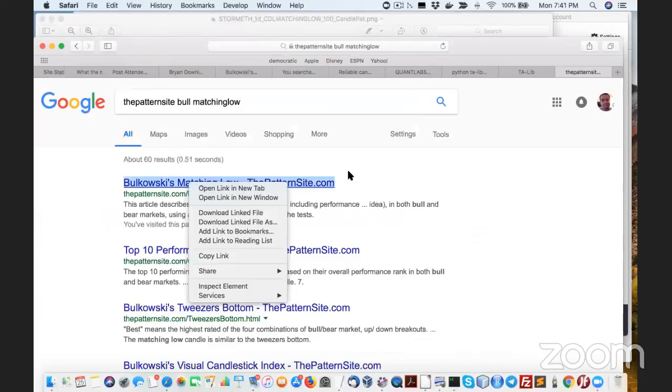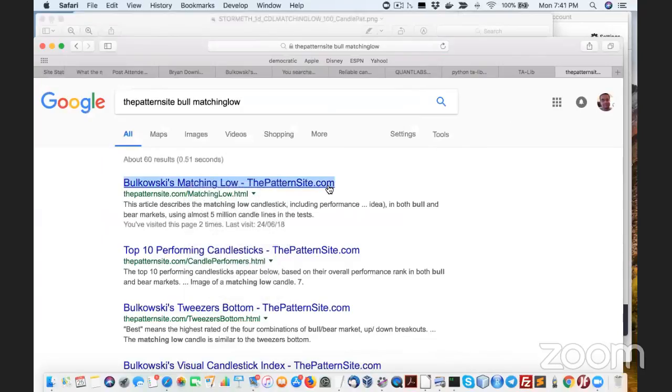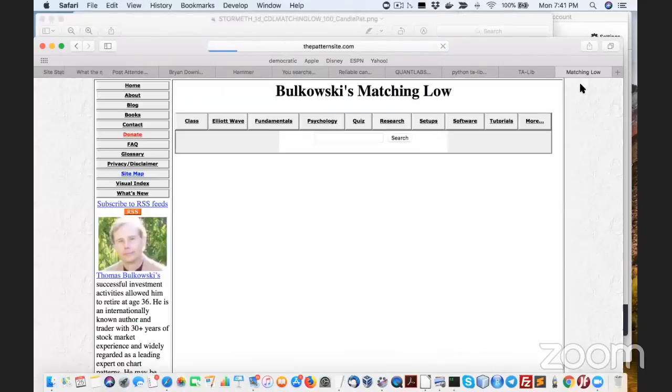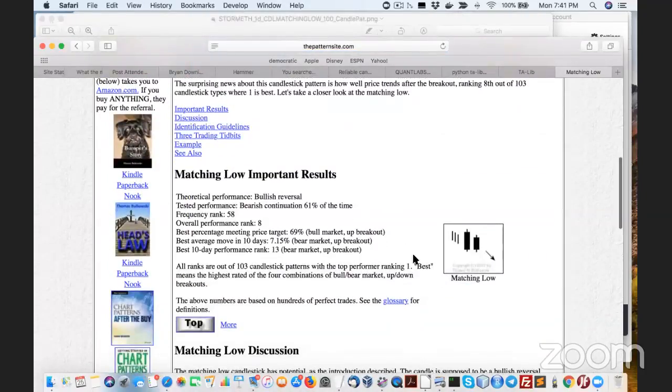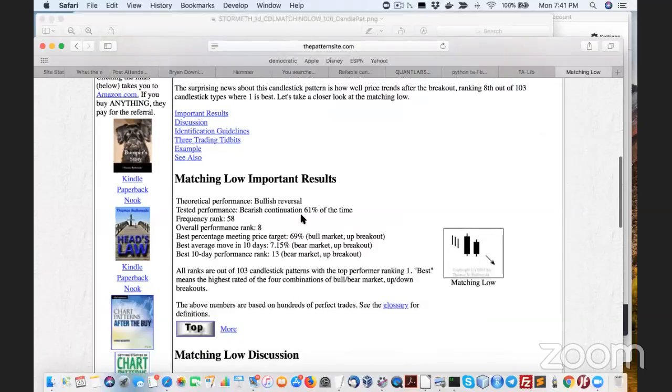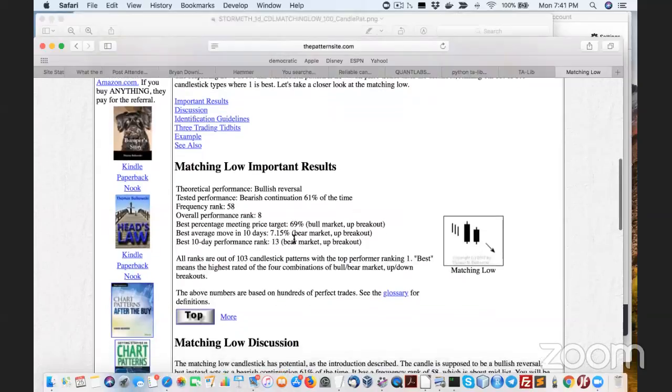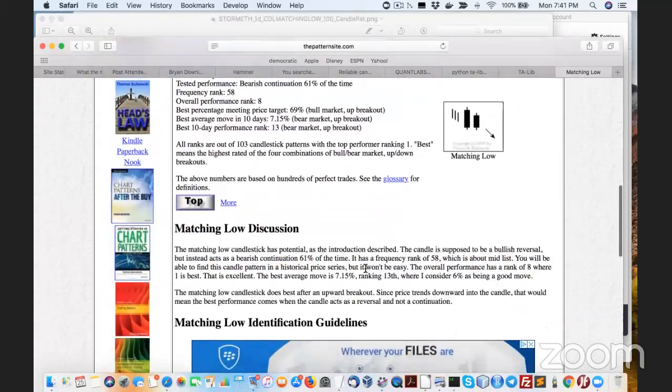So if I load up the description, I get some pretty good detail on a lot of things, as I showed you earlier. Here we can go through the description. It looks like it's a bearish continuation, which it is 61% of the time, 69% of the time meeting the price target on the breakout, and so on.